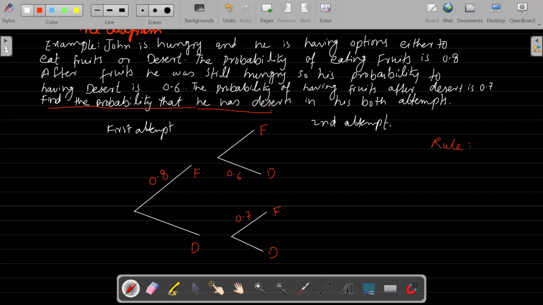First rule is that for every point, if branches are emerging from a single point, then the sum of probabilities will be equal to 1.